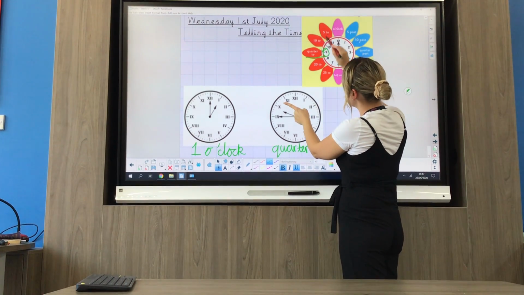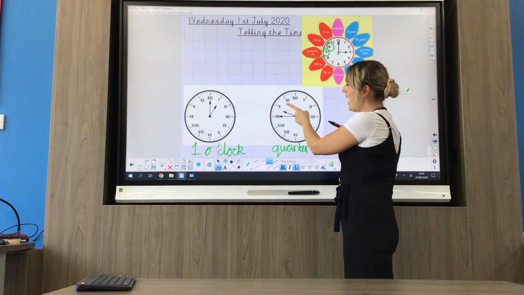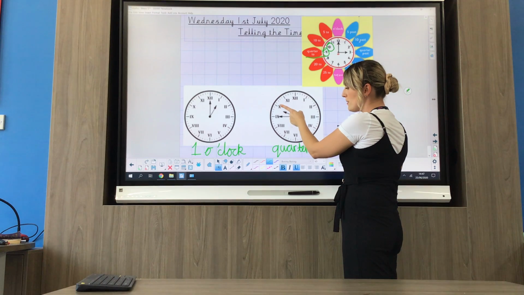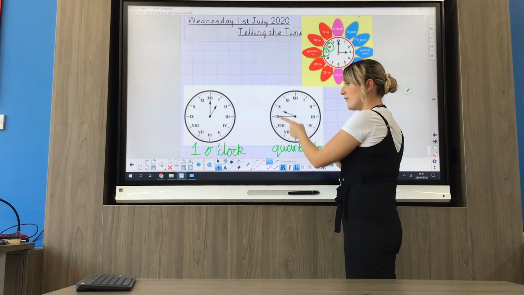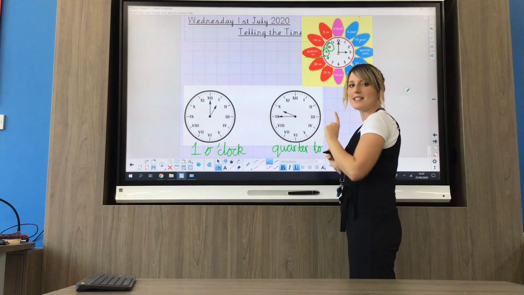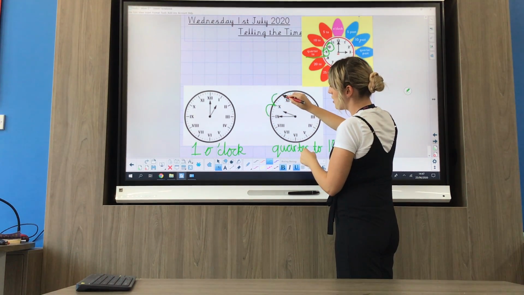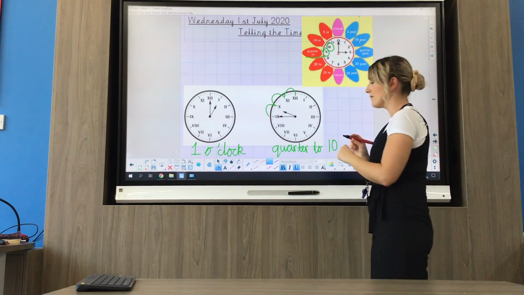It's not quite 10 o'clock yet, it's just before, so it's quarter to 10. So it's 15 minutes until that minute hand reaches the o'clock. So 9:45.